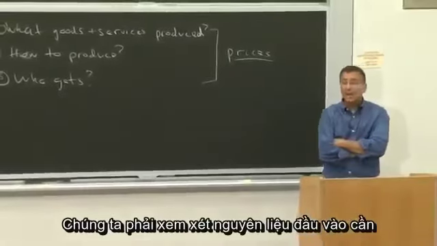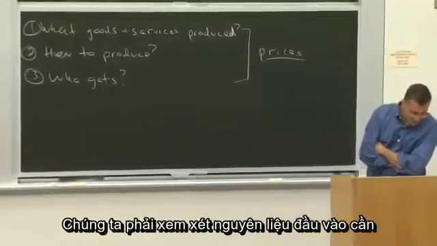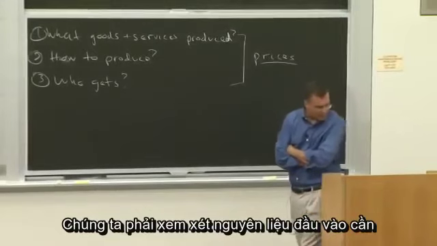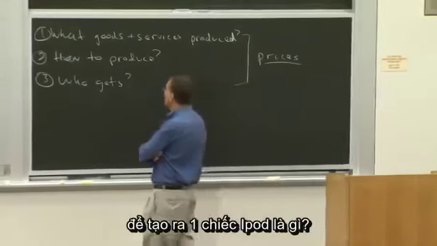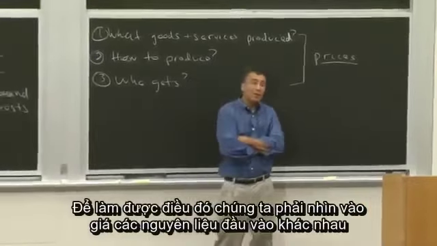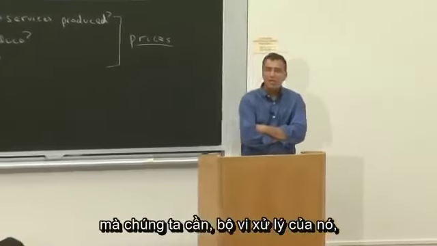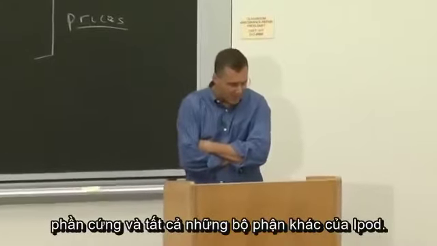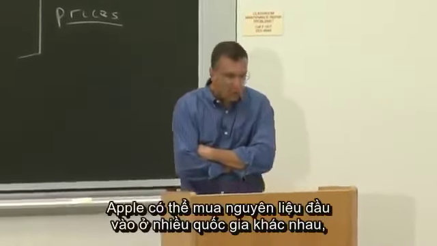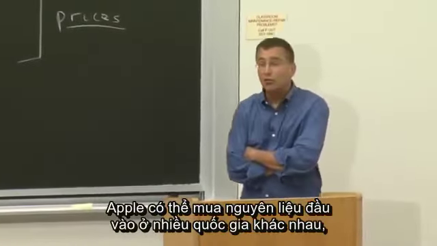So we have to then assess what are the inputs that we'll need to make an iPod. Well, to do that, we have to look at the prices of the various inputs that we'll need, of the chip and the metal and all the other stuff that goes into the iPod. So they can shop across different countries for different kinds of chips.